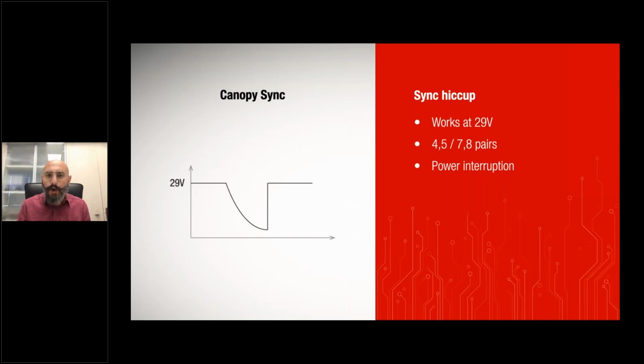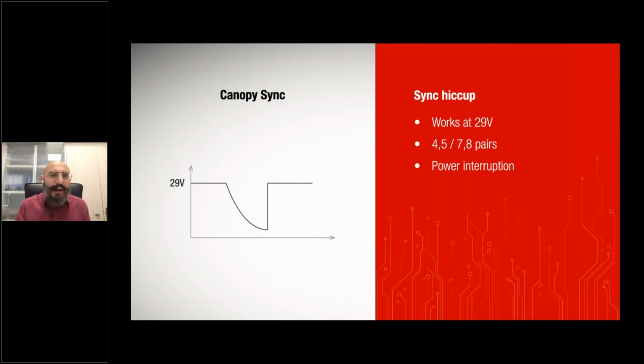It's quite old. It works at 29 volts, and it's like a hiccup, you know, because it interrupts the power every few milliseconds or 9 nanoseconds, just like I show you in the graph, only for pairs 4, 5, and 7, 8.